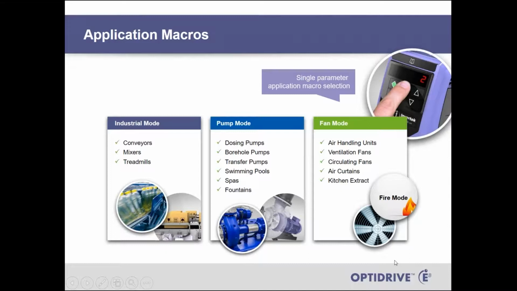It will detect the direction of the spinning, and it will try to synchronize with the speed and with that direction. And for the pump mode, also for the fan mode, the torque curve is adapted to a variable torque curve for the drive. For the industrial mode, it uses a linear torque curve, constant torque curve, sorry.